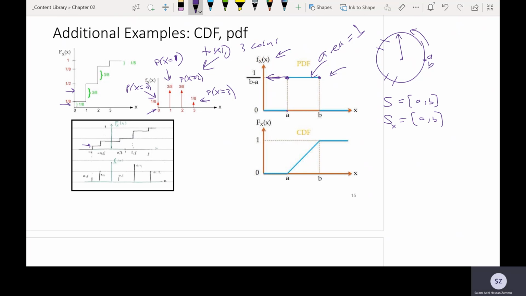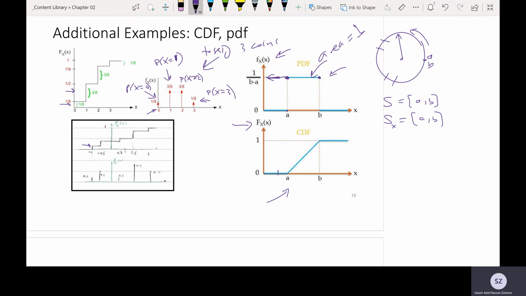Now, if you look at it from the CDF point of view, the CDF, Fx of x. If you ask yourself, what is the probability that x is less than A? What is the probability that x takes a value less than A? 0, right?